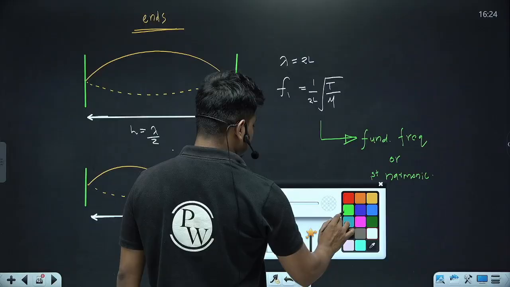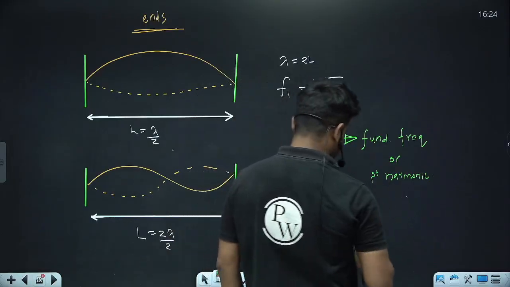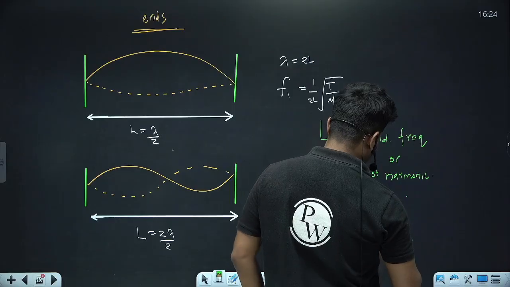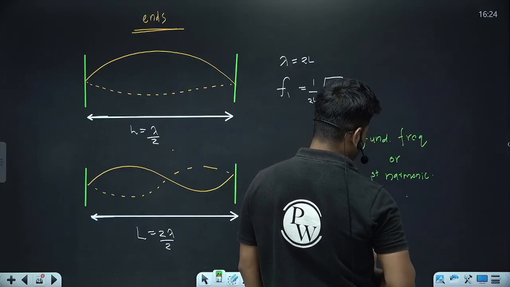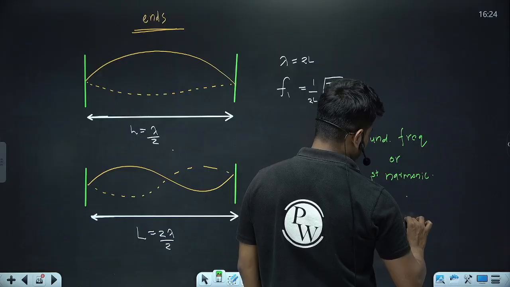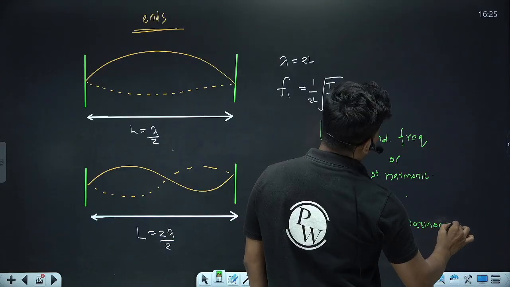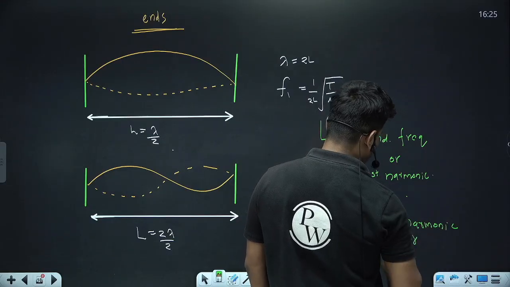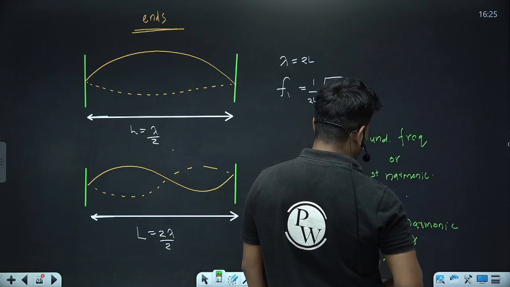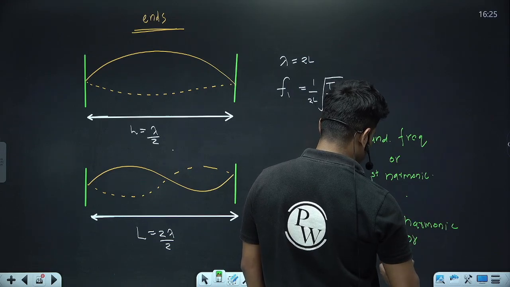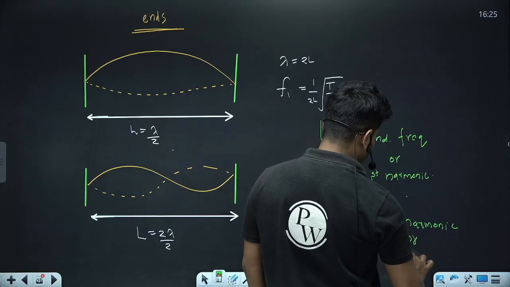And so this is known as our second harmonic, because this is the second integral multiple of the fundamental frequency. Second harmonic, or we can say this is the first overtone.